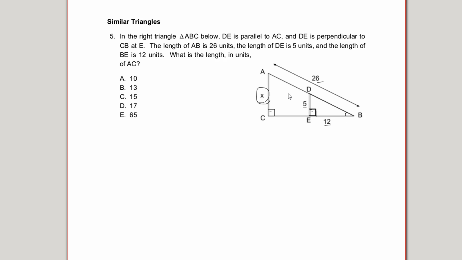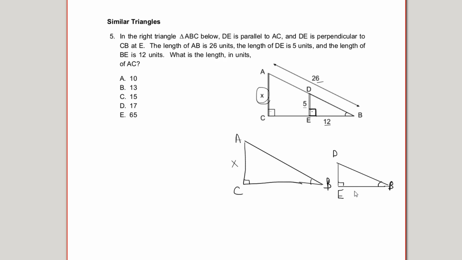So these two triangles, the larger triangle of ABC is going to be similar to the smaller triangle of DBE. And we're actually looking for this unknown X. We know that both of these are 90. These are both the same angle measures there.